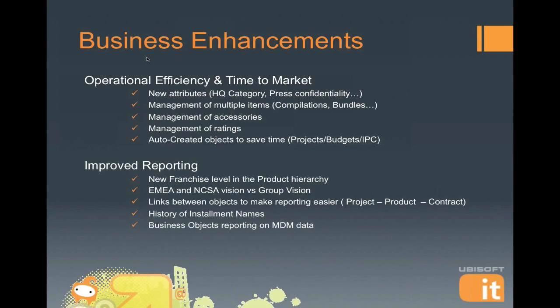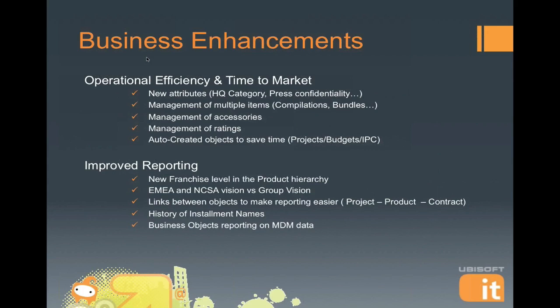So we certainly were able to do things much more quickly in creating new attributes for any of the elements. We didn't have to manage separately everything, and we were able to easily integrate our different compilations and bundles for our products. Managing accessories became much easier for us to manage.